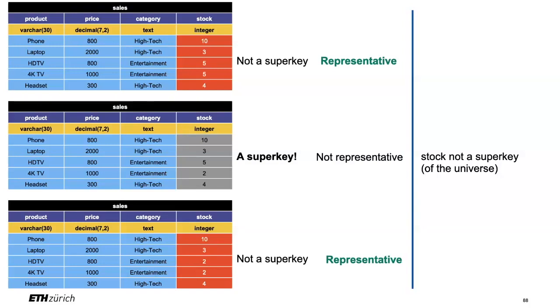We will avoid giving you a table like the one in the middle, because this one is not typical, and that just creates confusion because you have a superkey that shouldn't generally be a superkey. So this is why I have this little word of warning between the notion of a universe of tables and the notion of a table, that you have attributes that are generally not superkeys, but by accident, at some points in time, they become superkeys, right?